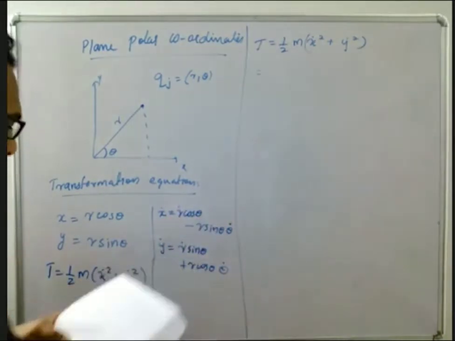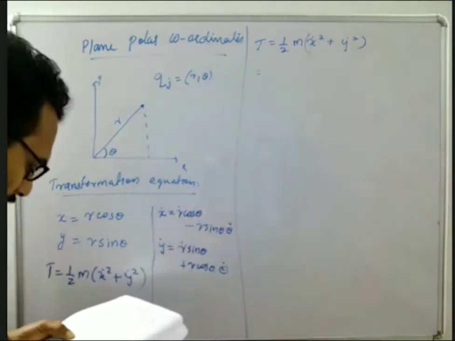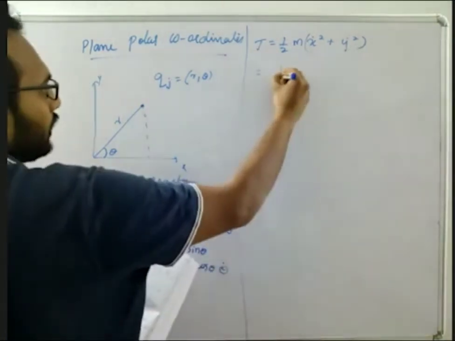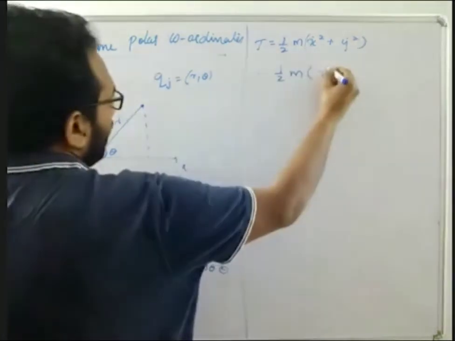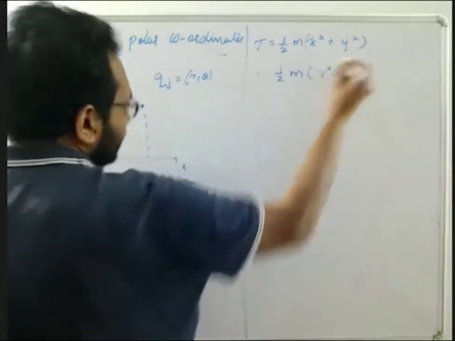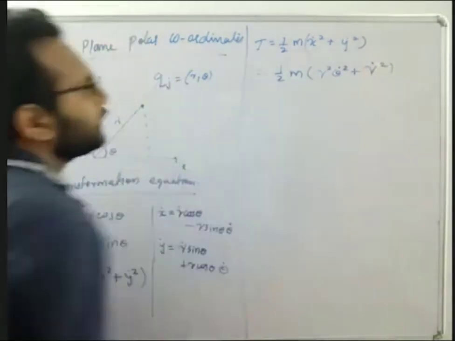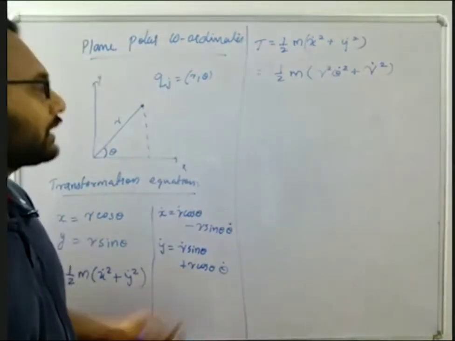Then you get T equal to half m (r square theta dot square plus r dot square).